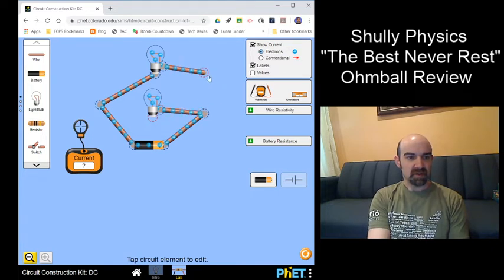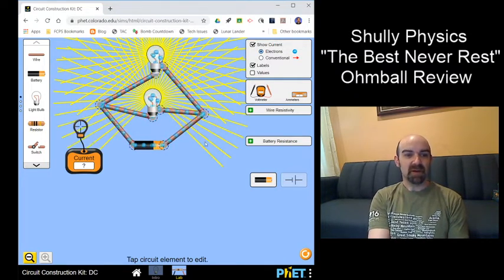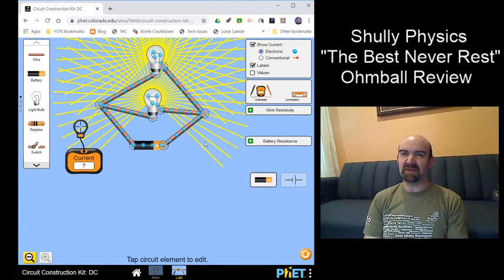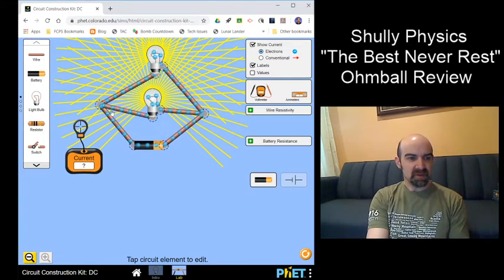okay, and I introduce a second path. Wow, look at that. Did things slow down? You'll see that the electrons are moving quite quickly through this battery now, and they split.